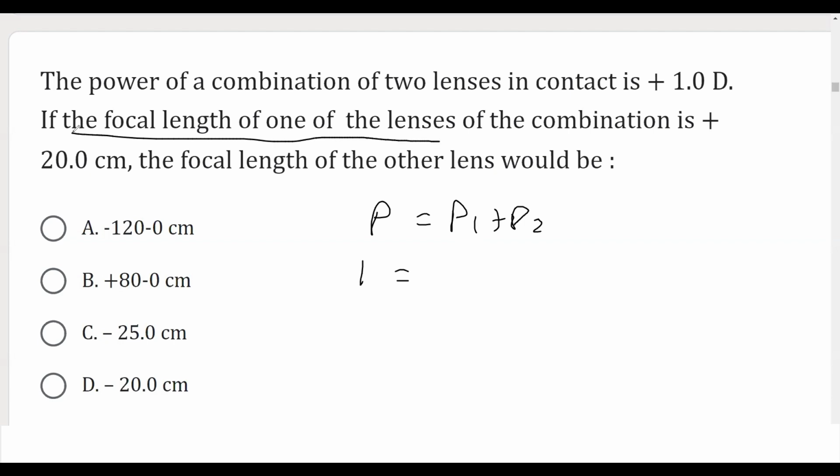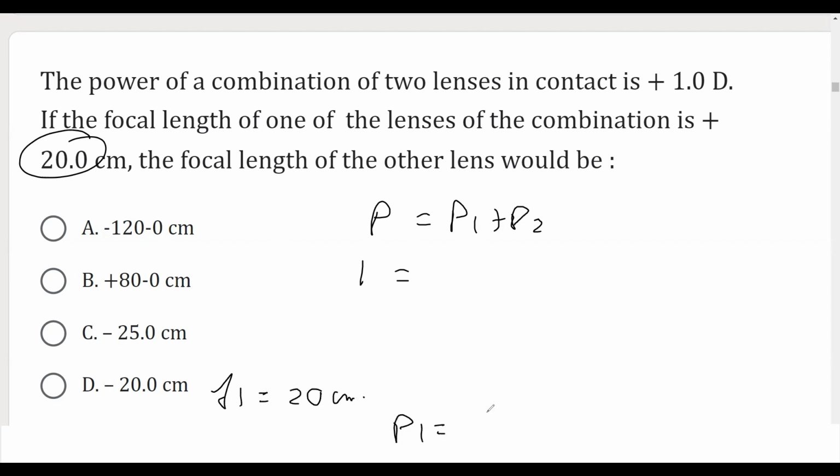And the focal length of the one lens in combination. So let's say if I know the focal length of the first lens, I'm using F1 for this. F1 is 20 centimeter. And what we know is that P1 will be 1 by F1, as we know that power is the reciprocal of focal length in meter.